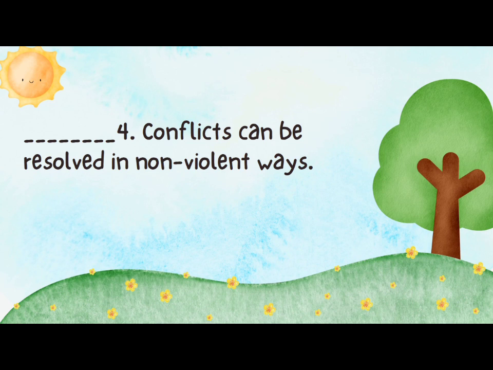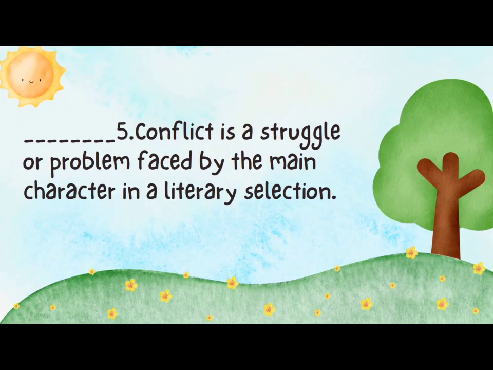The correct answer is, this is true. And the last, number 5. Conflict is a struggle or problem faced by the main character in a literary selection. Is this true or false? The correct answer is, it's true. Did you get all the correct answers? Excellent!